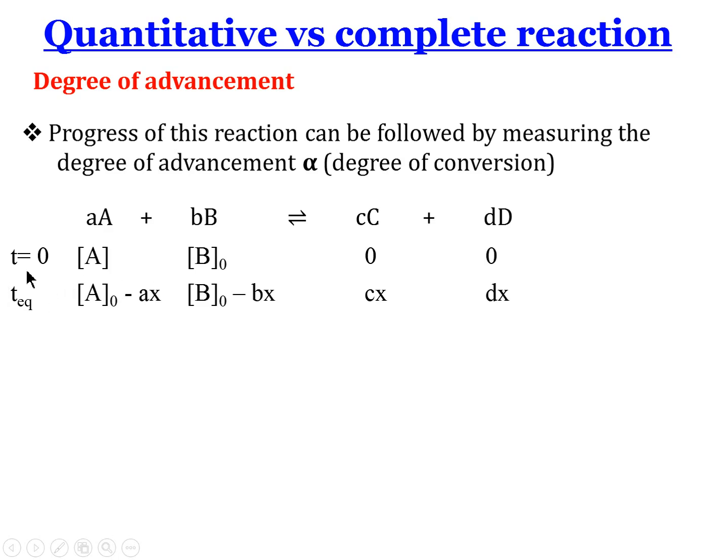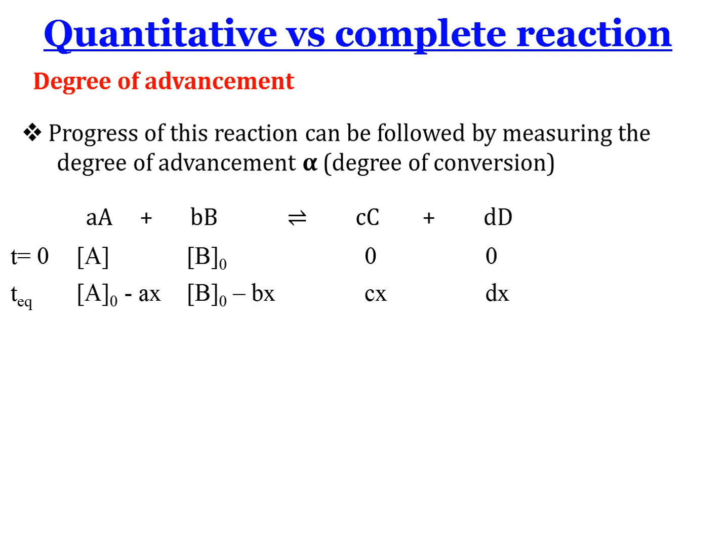At equilibrium, A will react and B will react. So at equilibrium, we have A0 minus AX, B0 minus BX, CX, DX. We have, for example, two reactants, A and B.